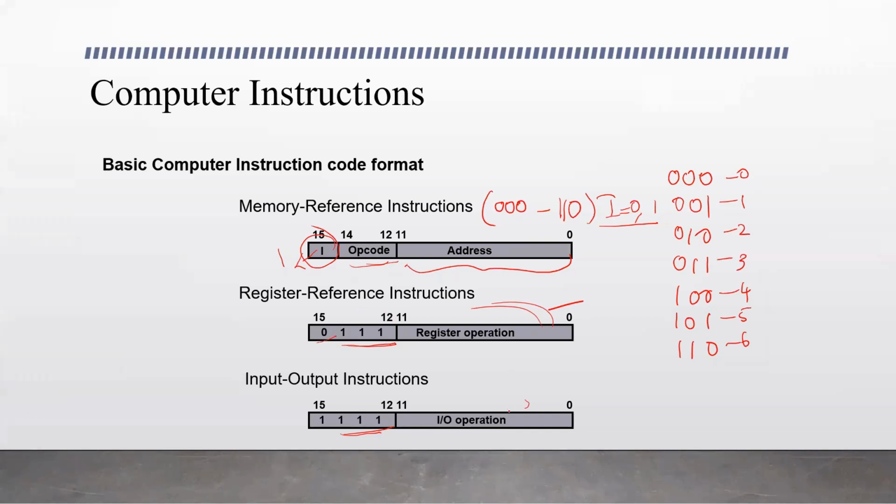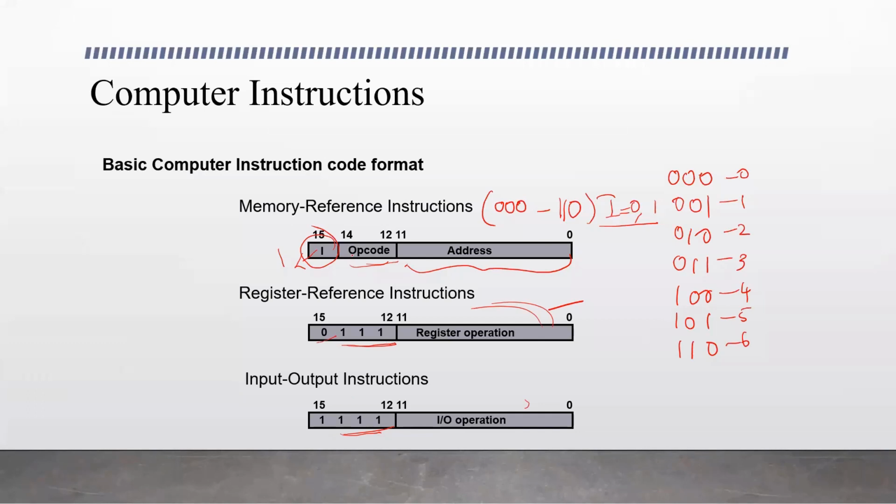And the third type of instruction code uses the 12 bits for specifying the IO operation that is performed, and the opcode is always 111, and the last bit, the 15th bit, is always 1. Okay, that identifies the input output instruction format.